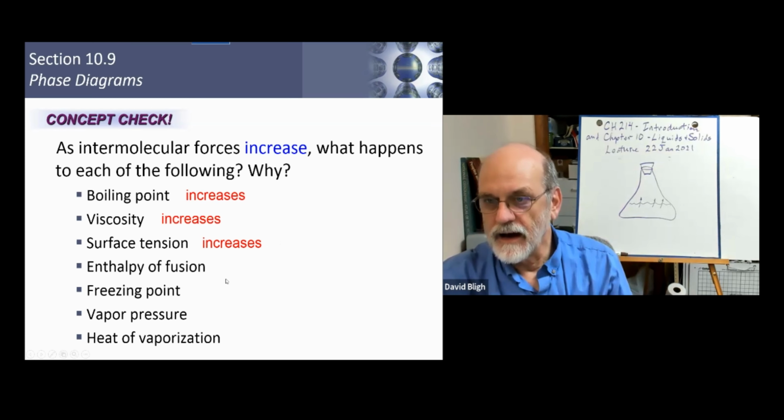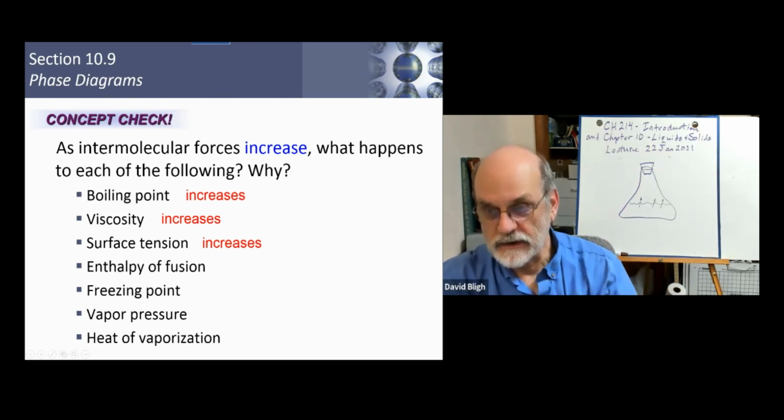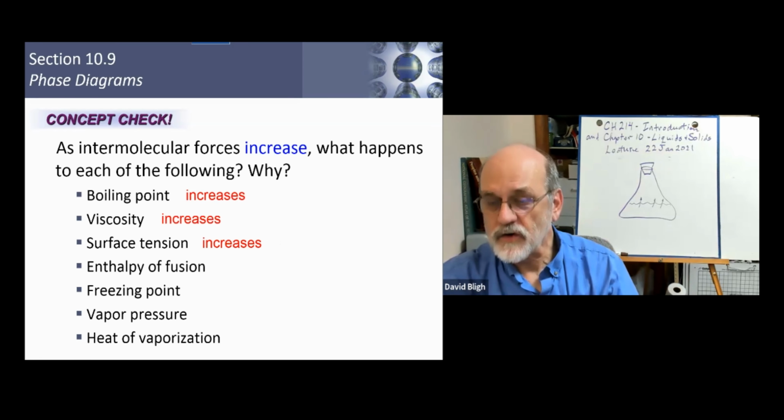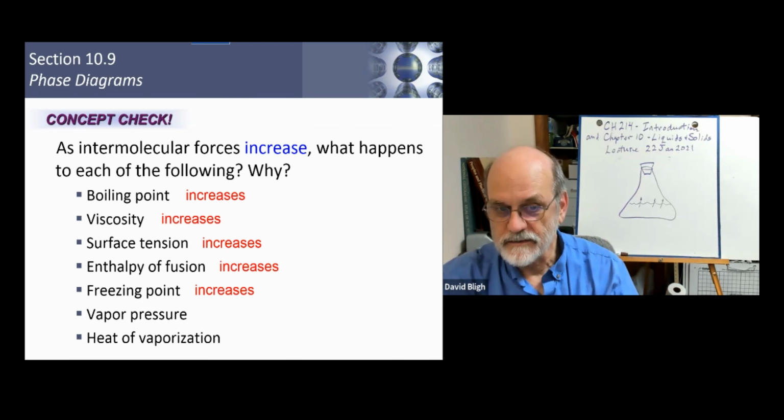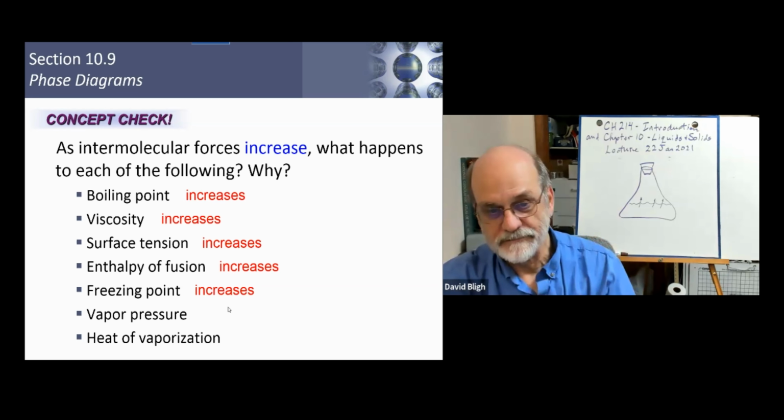That is, how much energy is required to go from solid to liquid. The enthalpy of fusion will increase as the intermolecular forces increase. Freezing point. The freezing point will also increase as more energy is required to melt the substance.